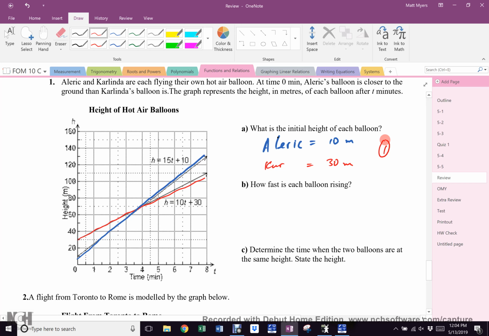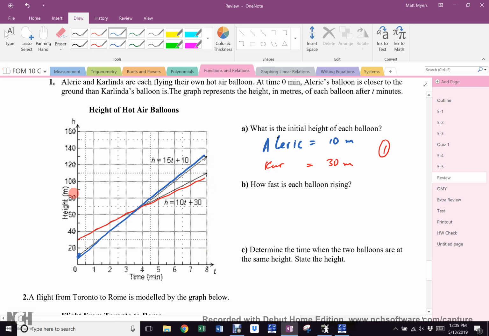Does everybody understand why? Everybody? Sweet. How fast is each balloon rising? Now you got to work this out. We'll do the blue one first. Starts at 0, right? And goes up to... Now, what do we usually measure speed in? We could do kilometers per hour, but we're using meters and minutes, yeah?